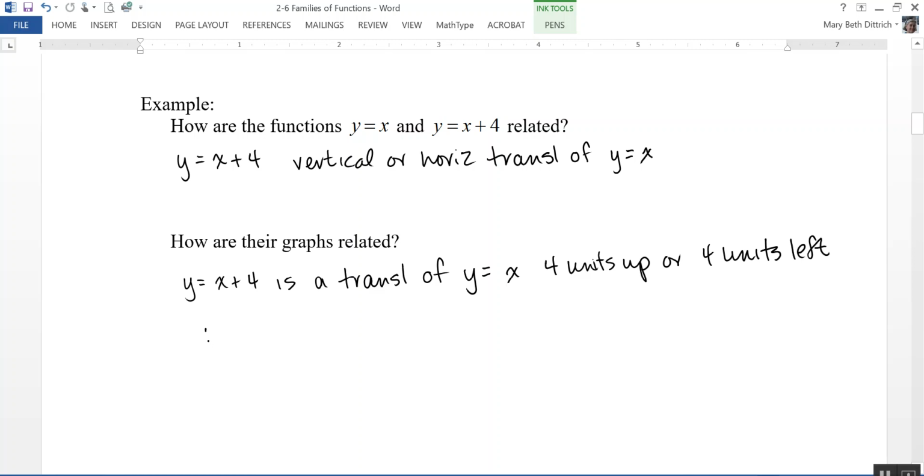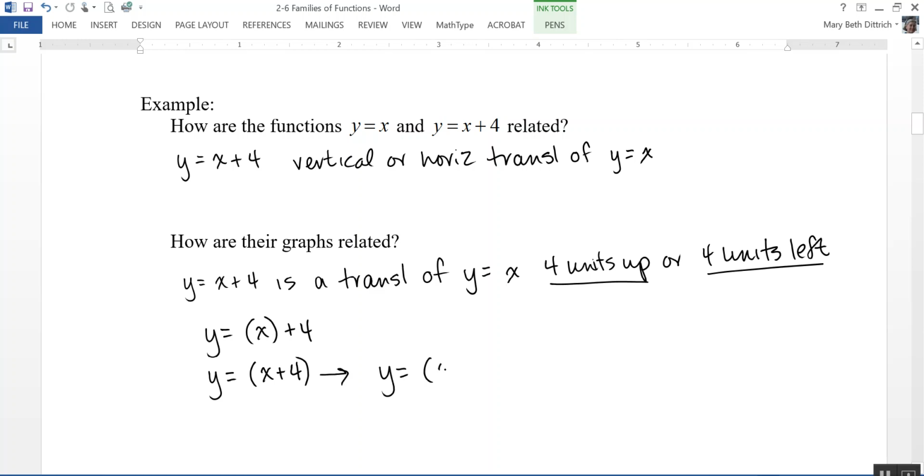And here's why. I could look at this as y equals just the function x, plus 4, and that would be this translation up 4 units, or I could look at this as y equals the quantity x plus 4, and that would be the transformation of 4 units left, because that would be the same as y equals x minus a negative 4. So the function y equals x is very basic, so it can be either one.